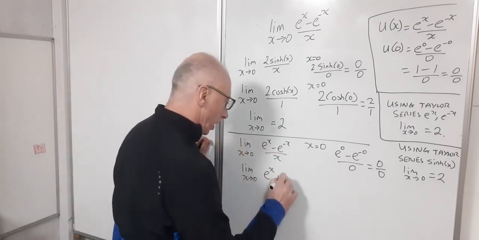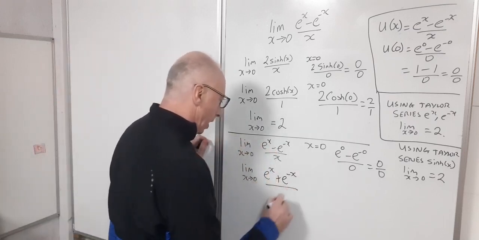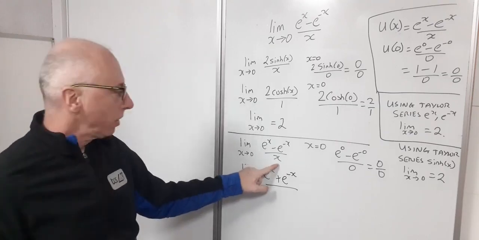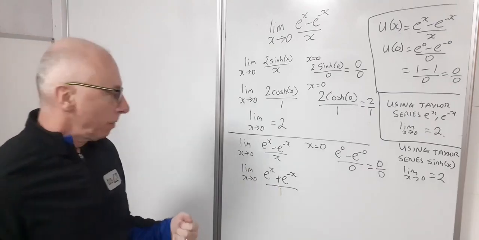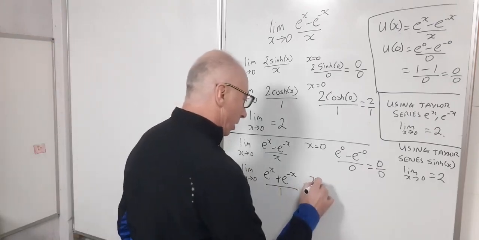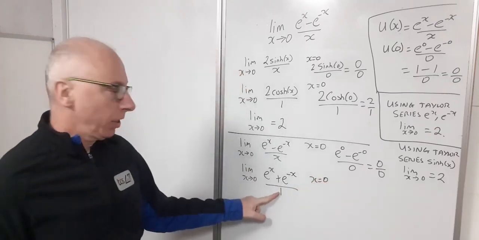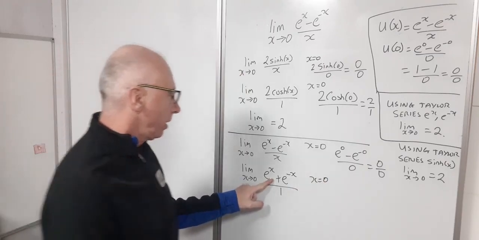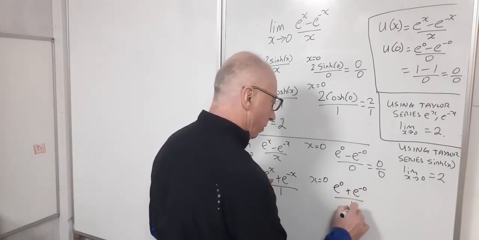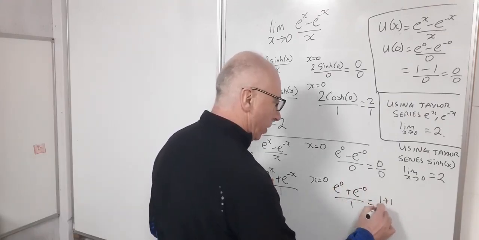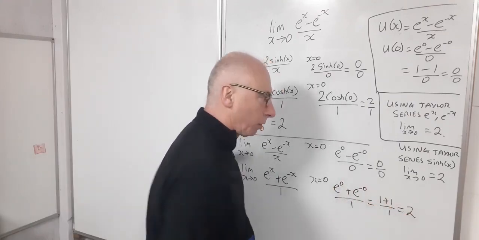So it's plus e to the minus x. And then the derivative of x is just going to give me 1 as it did in the previous example. So now let's plug in x equals 0, because we're not going to get a 0 on the denominator now with this 1. So I've got e to the 0 plus e to the minus 0 over 1, which gives me 1 plus 1 over 1, which gives me 2.